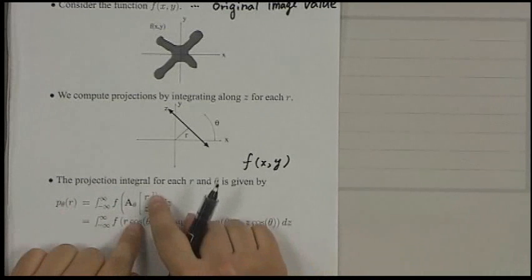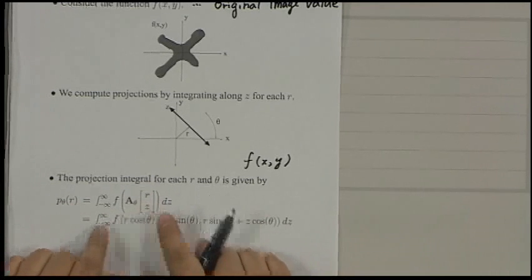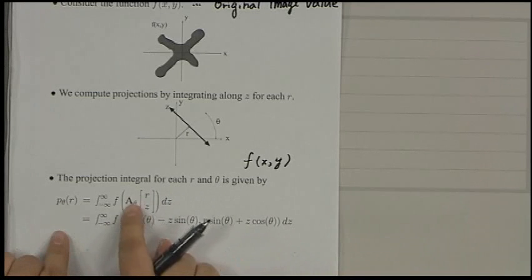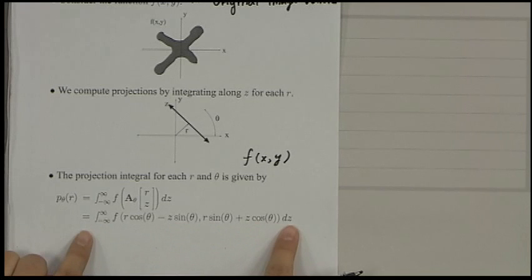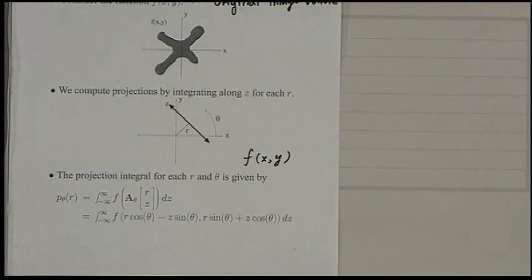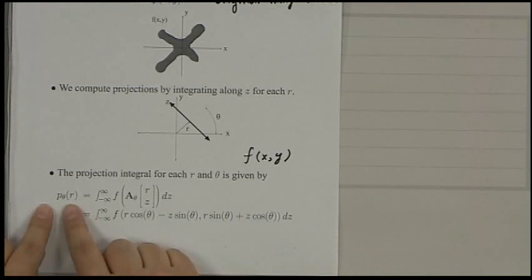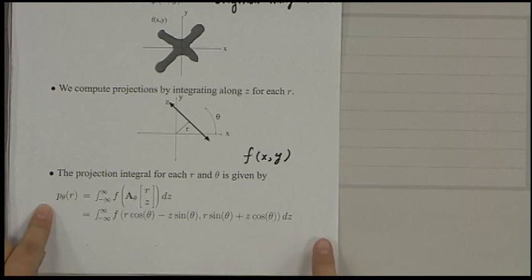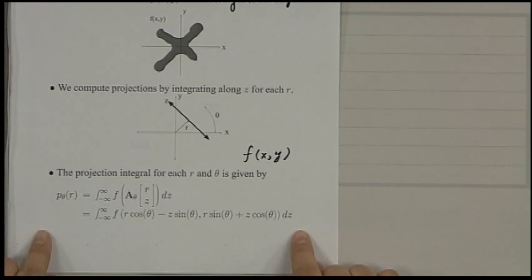So we transform rz to xy coordinate values, so we have to multiply by a theta term. And then if we write it down, we can get this equation. So this is the equation for the projection, and this projection is also called the Radon transform.